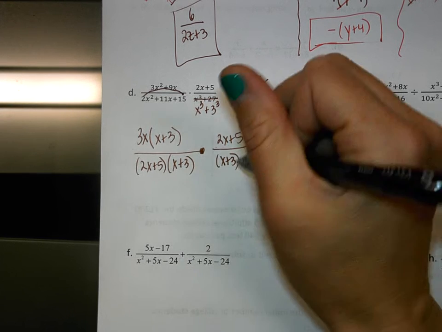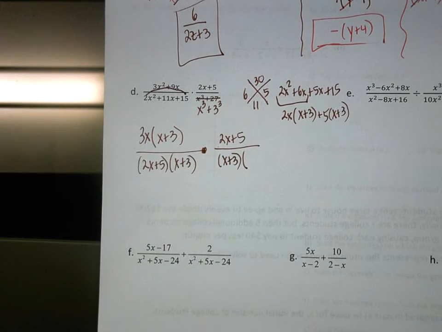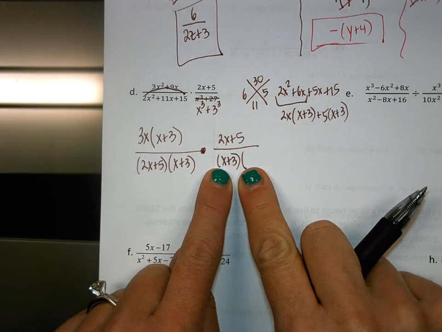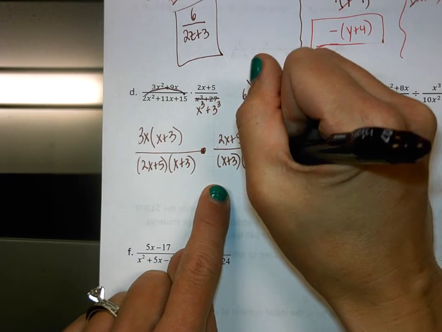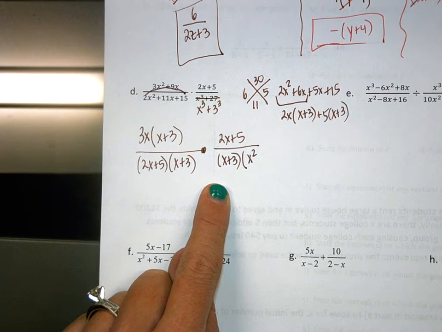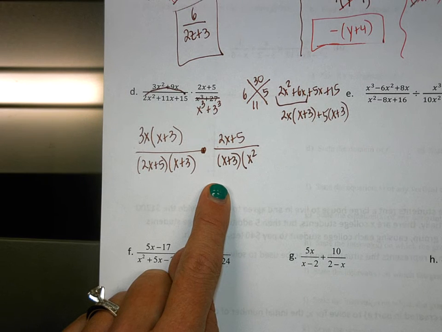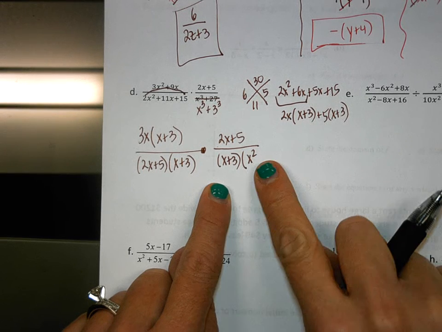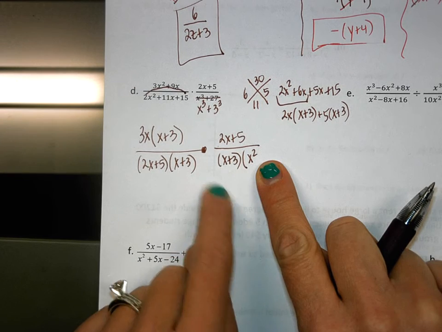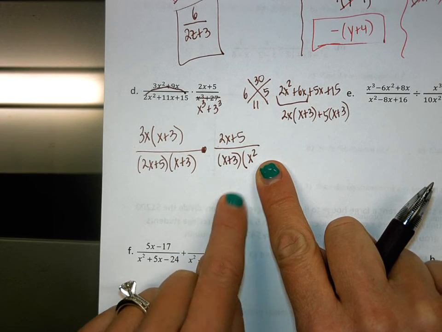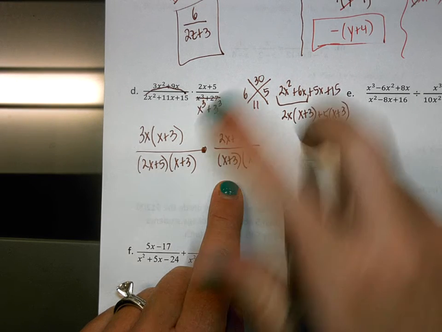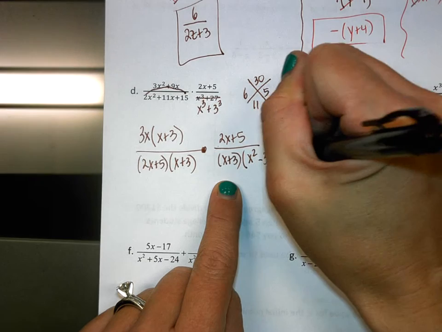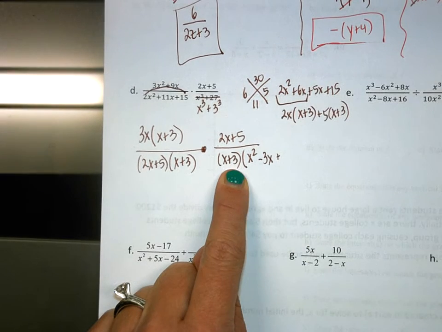Okay, your next parenthesis, the first term, we square this first term. So that means we would just have x squared, because x times x would make x squared. The middle term is where we multiply these together, and 3 times x is, but you take the opposite sign. And then your last term is this last term squared.